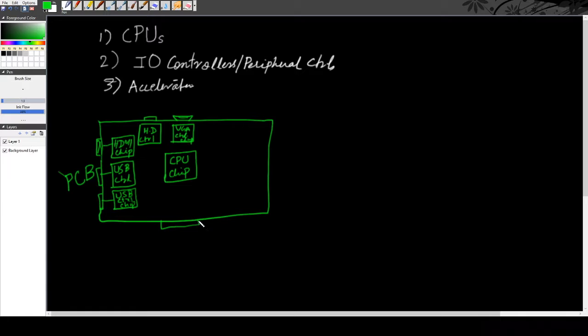Let's say we also have a PCI interface that we connect this PCB onto a motherboard, and for that we need a PCI or PCIe controller chip. Okay. We can have an external SRAM that we connect to, and for that we will need a memory controller or DDR controller.